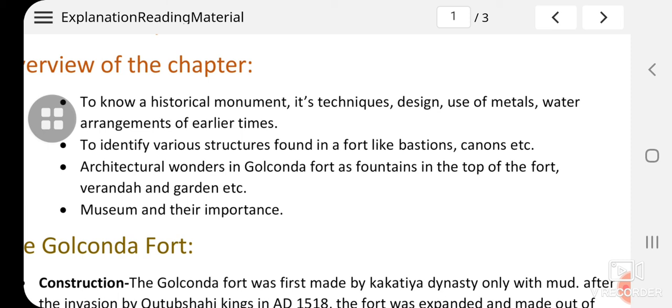It is corridors. In Hindi we call it veranda. And later on we will study about the museum and its importance.